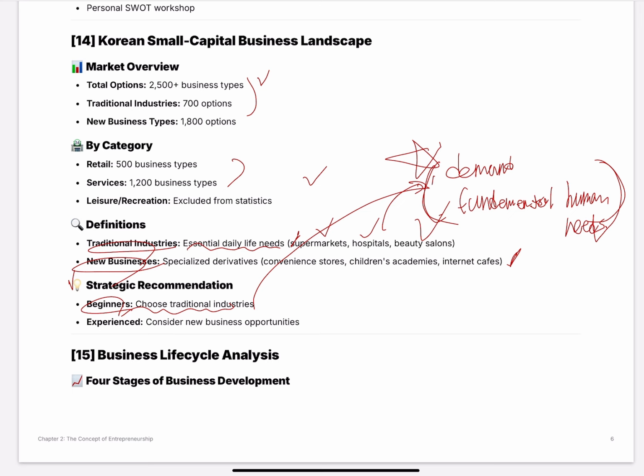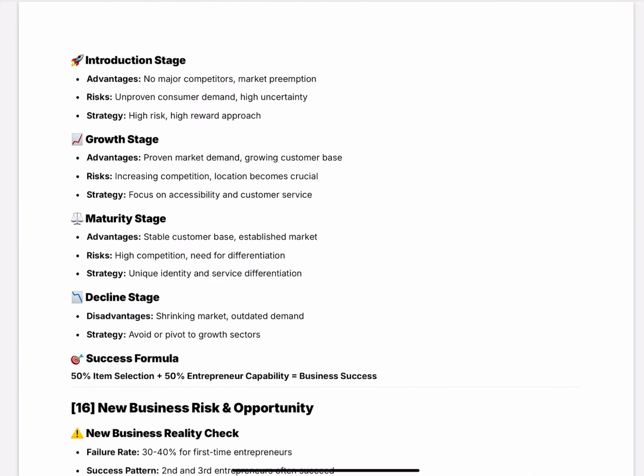Now let's talk about one of the most important concepts in business strategy: understanding where your chosen industry sits in its life cycle. This dramatically affects your chances of success and the strategy you should use. Every business or industry goes through four stages of development, and your approach should be different for each stage.